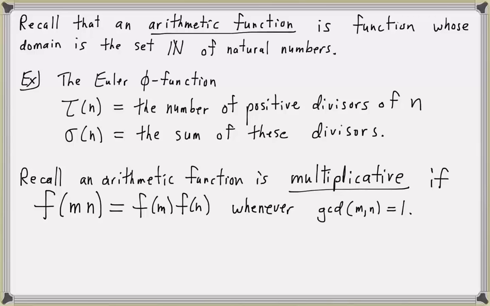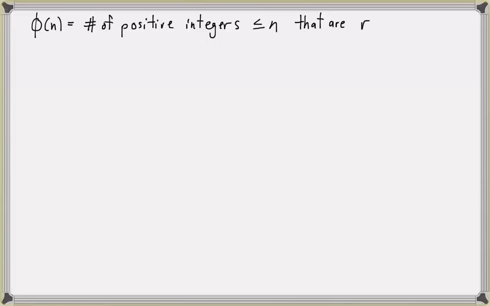Let's recap some basic facts about the Euler-Phi function. So we know that phi of n equals the number of positive integers less than or equal to n that are relatively prime to n. With this definition, we've proved certain facts.